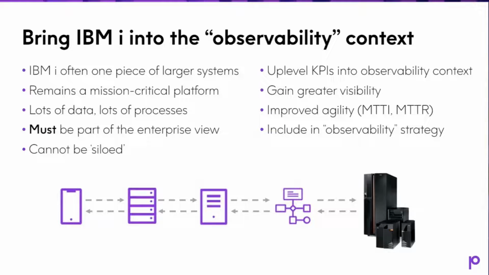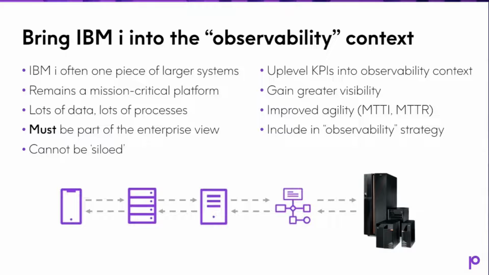IBM I plays a role in many larger complex systems. Sure, it can do things by itself, but also today it's part of that kind of onion of different layers of systems that are put together. There's a multi-layered system going on here. So it should be part of your holistic single pane of glass view because of all the observability benefits I have already mentioned.